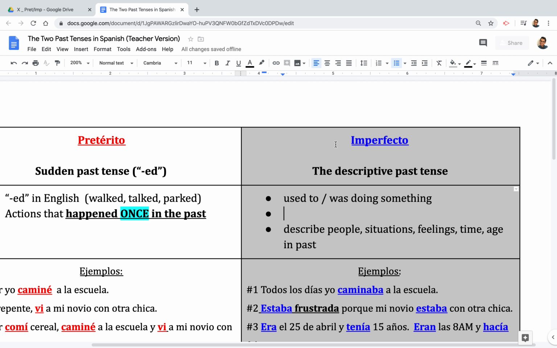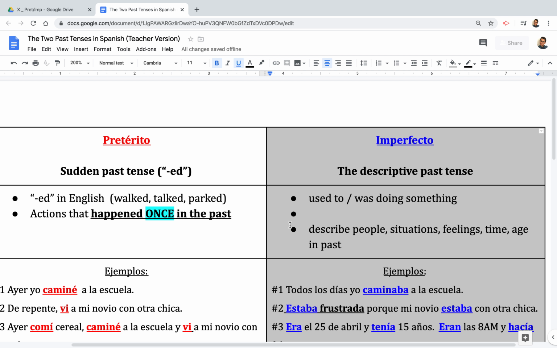And we use this past tense, el imperfecto or the descriptive past, for actions that happened more than once in the past, obviously.